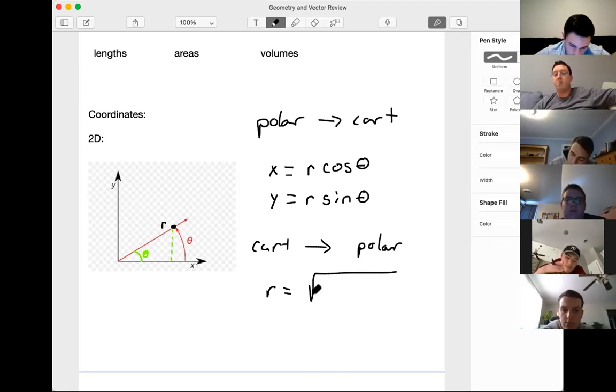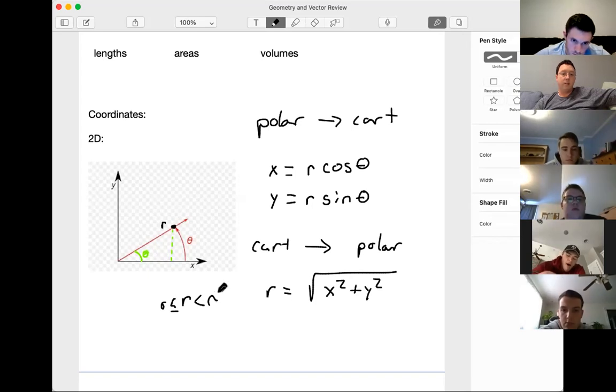And r is always positive. That's important. So r equals the square root of x squared plus y squared. Note r is greater than or equal to 0, and runs off to infinity. So r lives from 0 to infinity. It can't be negative.